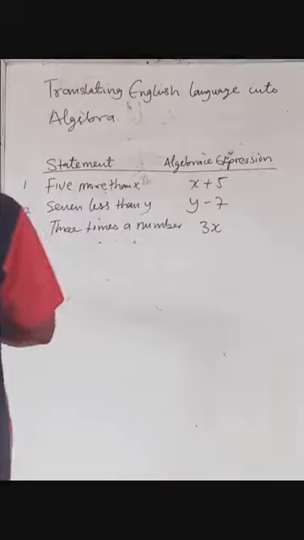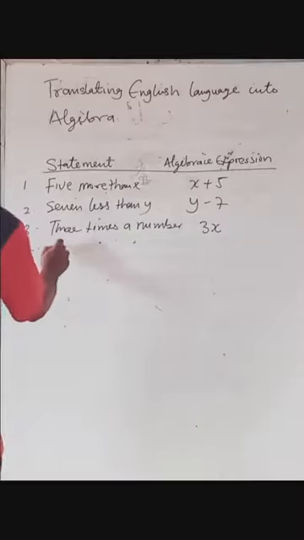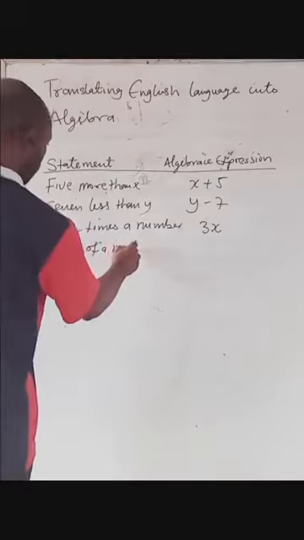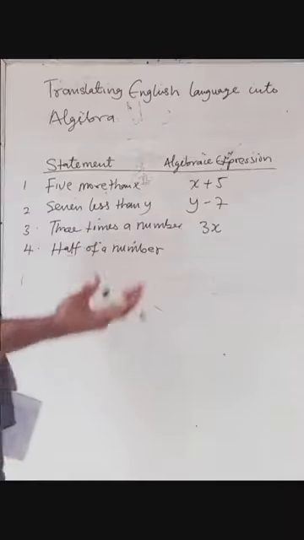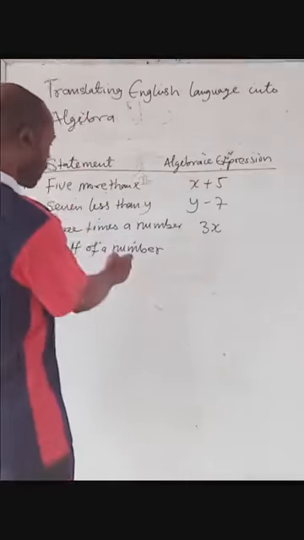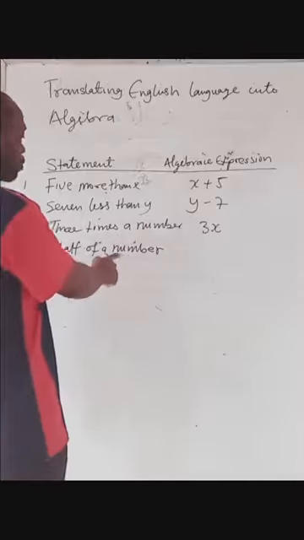Number 4. Half of a number. Half of an unknown number. We don't know the number, therefore the number is an unknown number.